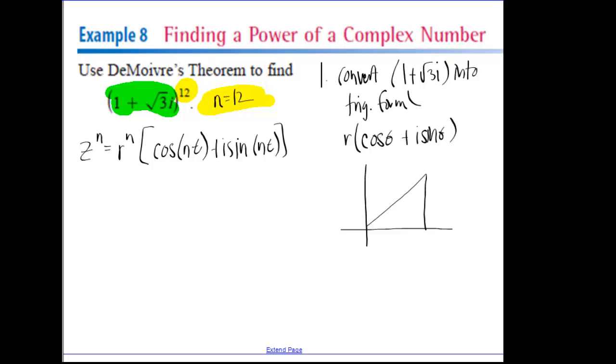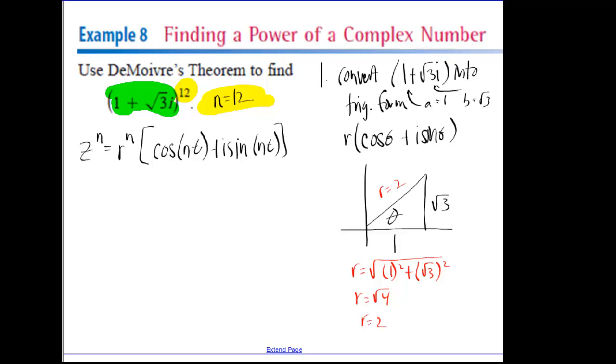My a value is 1, and my b value is root 3. So over 1, up root 3, here's theta. My r value is equal to the square root of a squared plus b squared. Underneath it looks like 1 plus 3, or the square root of 4. So my r value comes out to 2.